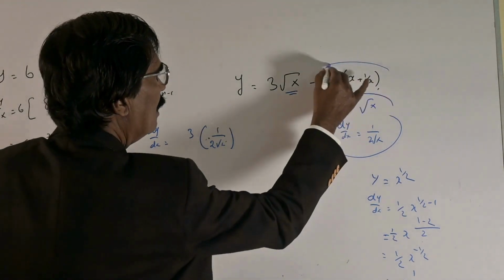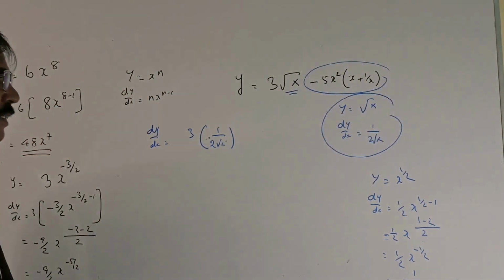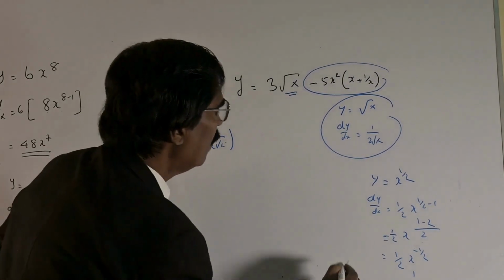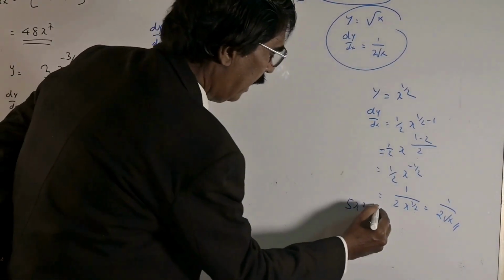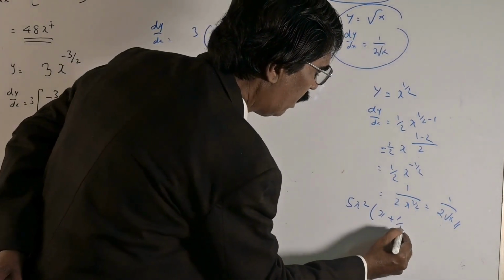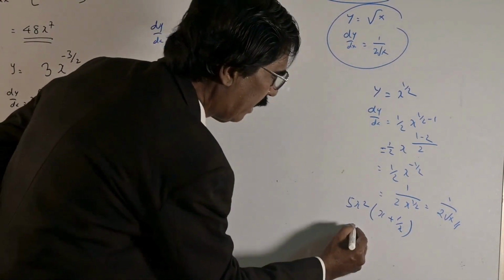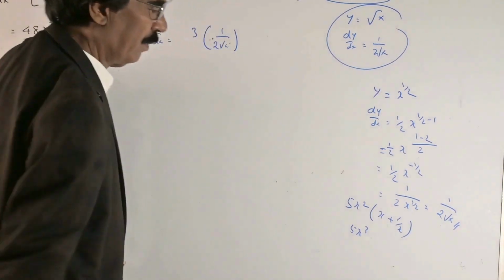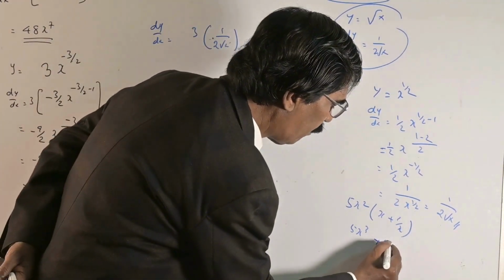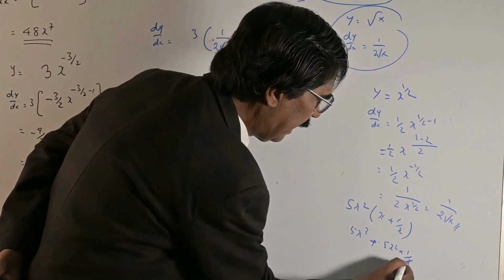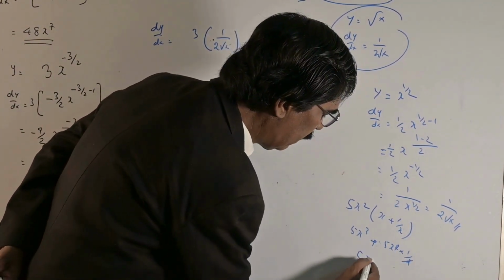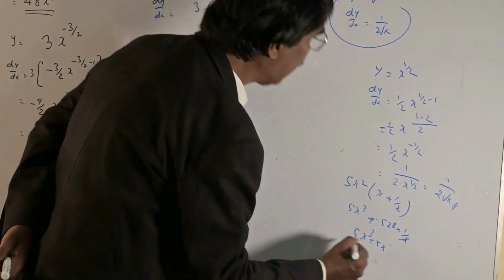Now let me expand that. Look, 5x square into x plus 1 by x. 5x square into x is 5x cube. Now 5x square into 1 by x is plus, x is getting cancelled, so it becomes 5x cube plus 5x.